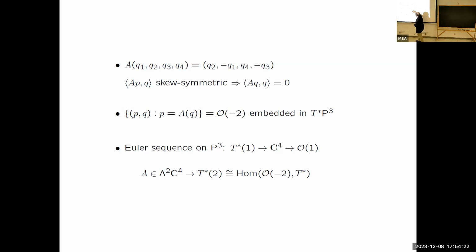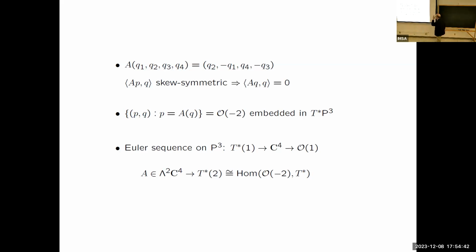And so that is the way O(-2) is embedded in this T*P3. You can also think of it perhaps this way. If you look at the Euler sequence, then A is skew symmetric, so it's a map from wedge 2 of this to this.